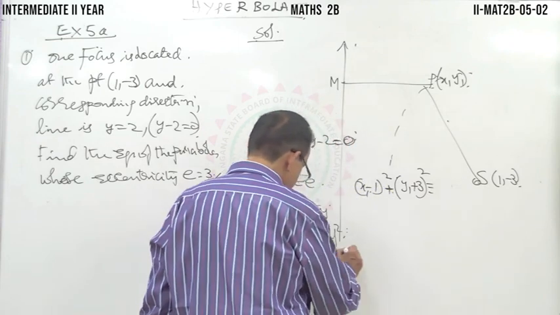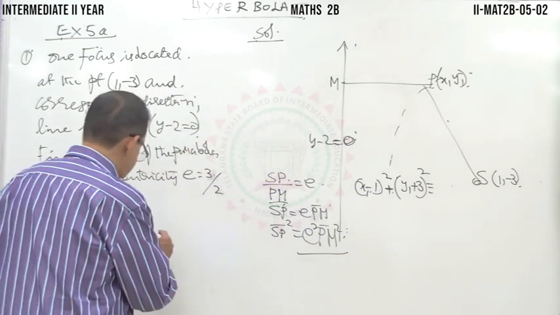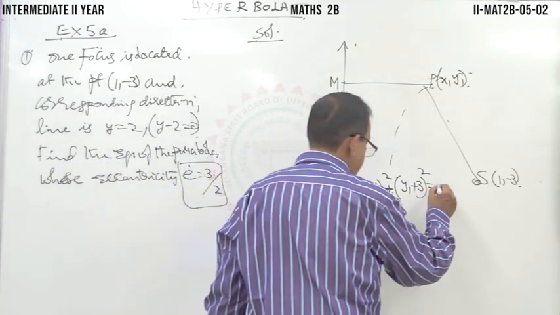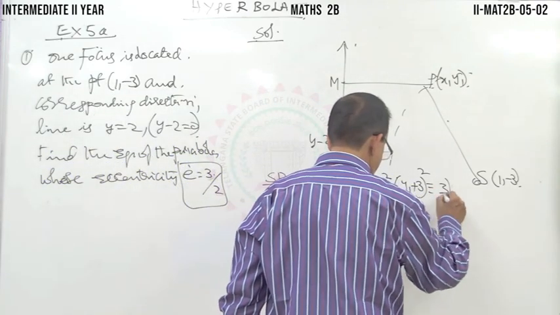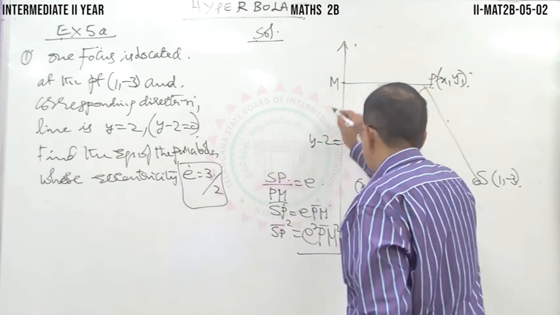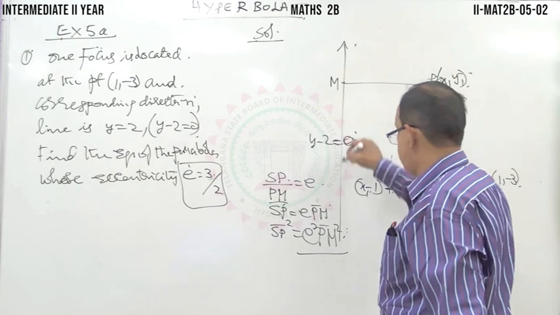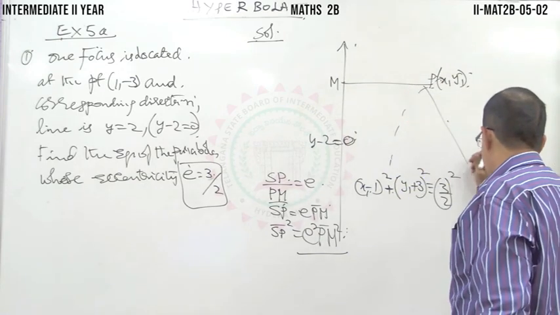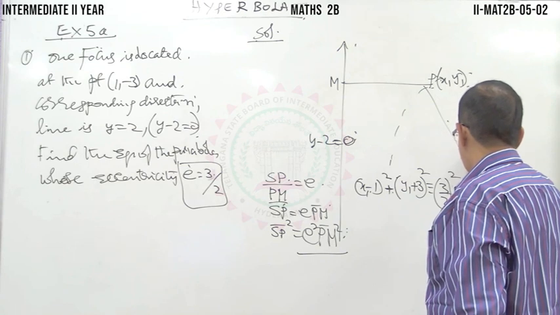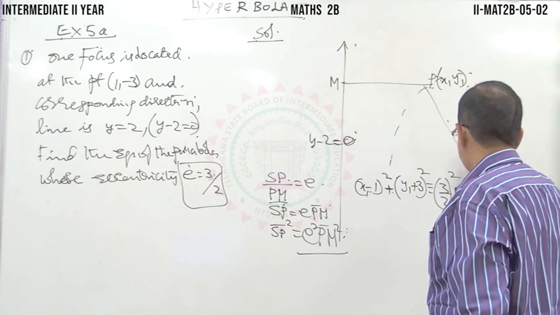E has been given to us: E is equal to 3 by 2. So E square PM square is 3 by 2 whole square into PM square, the perpendicular distance to the line from this point to this line, where the point is 1 comma minus 3.